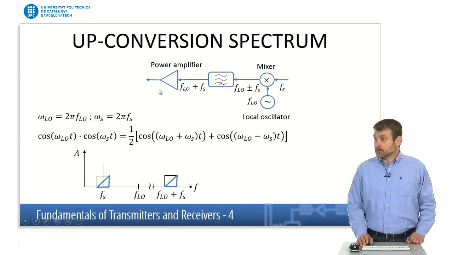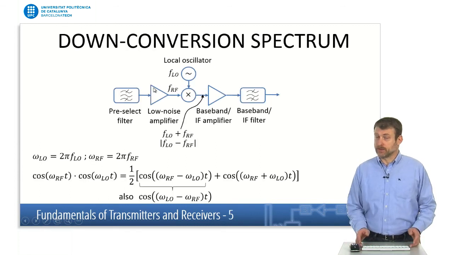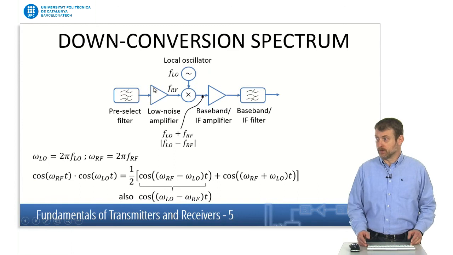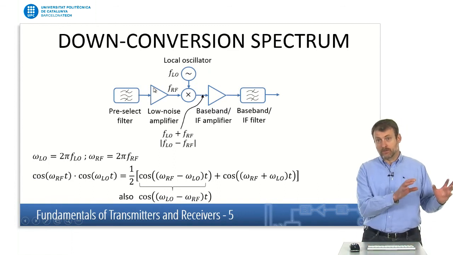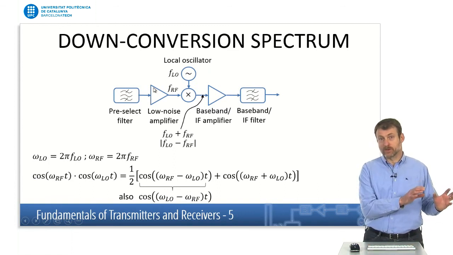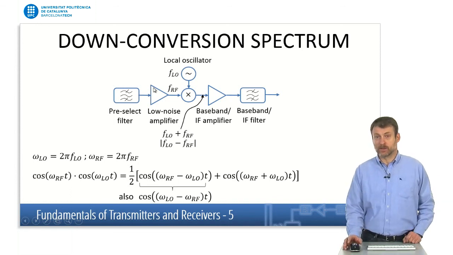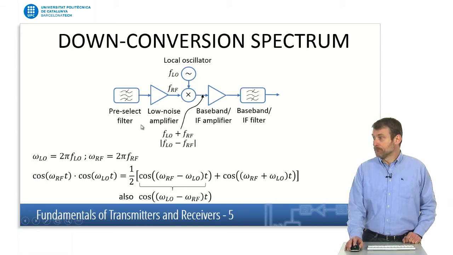Regarding the receiver, in the receiver we would do the opposite function. That would mean we would downconvert the received frequencies to a lower frequency in which we can process the signal. And the mathematics are very similar. In this case, we would have an RF frequency coming from the antenna, which might have been amplified by a low noise amplifier. And then we would essentially multiply this signal by the signal produced by a local oscillator.